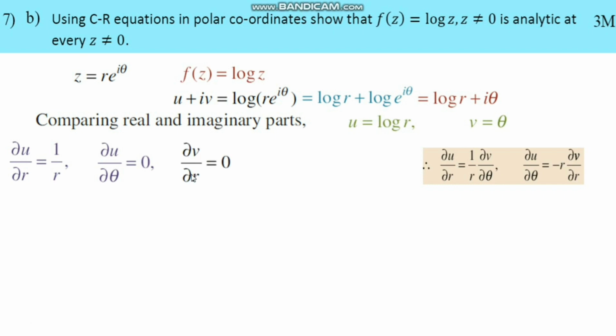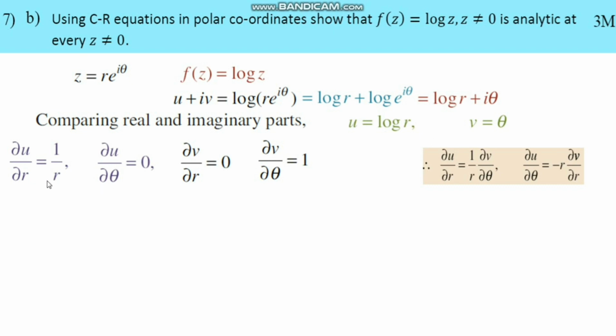Dou v by dou r: v doesn't depend on r, theta is treated as constant, so dou v by dou r becomes 0. Dou v by dou theta: v is dependent on theta, so the partial derivative of v with respect to theta is 1. We have obtained the 4 first order partial derivatives of u and v.